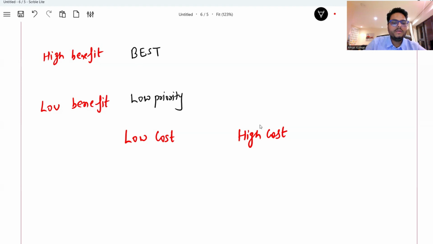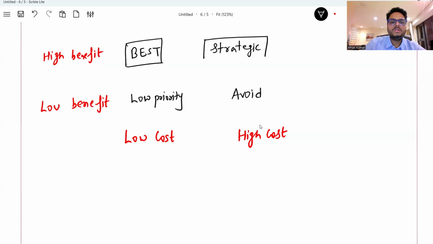If something is high cost and low benefit, then this is simply going to be avoided. So avoid. And if something is high benefit and high cost, since the benefit is high, you can think of implementing this a little later strategically and call it a strategic solution. So here you have to see where your project fits and then take a decision based on that.